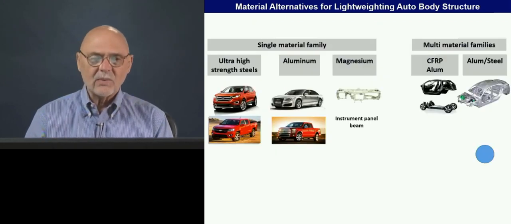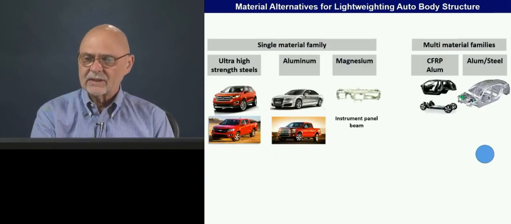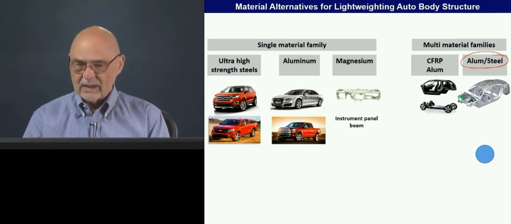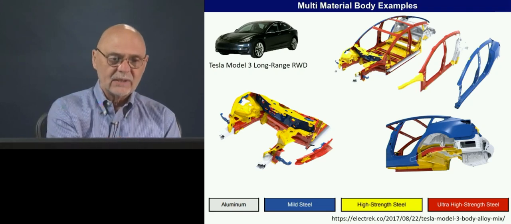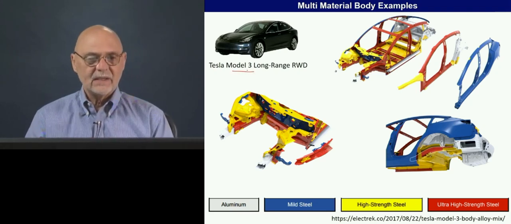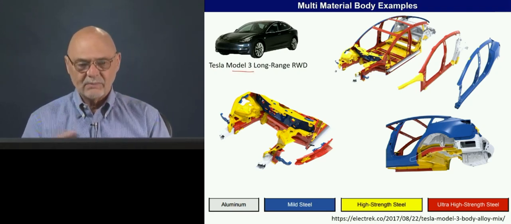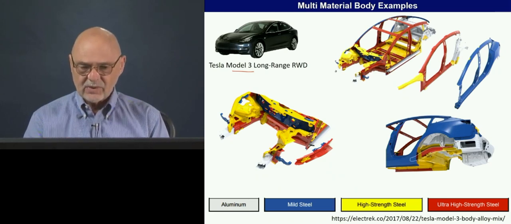Okay. So the last one we want to take a look at is the aluminum-steel mixed multi-material family. The new Tesla Model 3 is a good example of that. It's basically a steel structure.